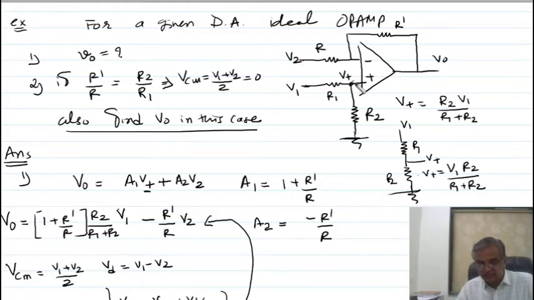Voltage at this. If I am not connecting there, so what is my equation? A1 V1 plus A2 V2. But due to this connection, what voltage should I write? A1 V plus A2 V2.